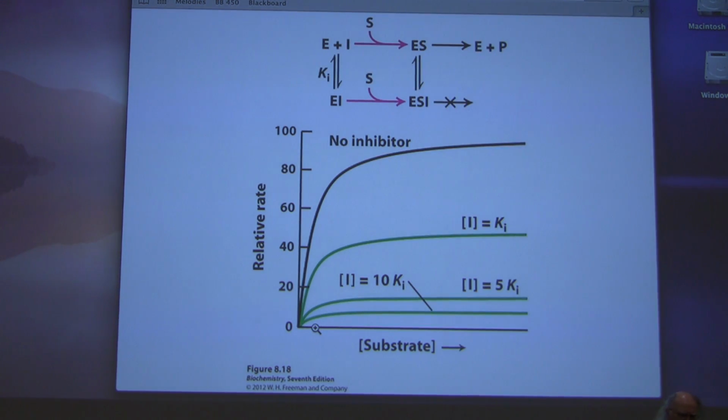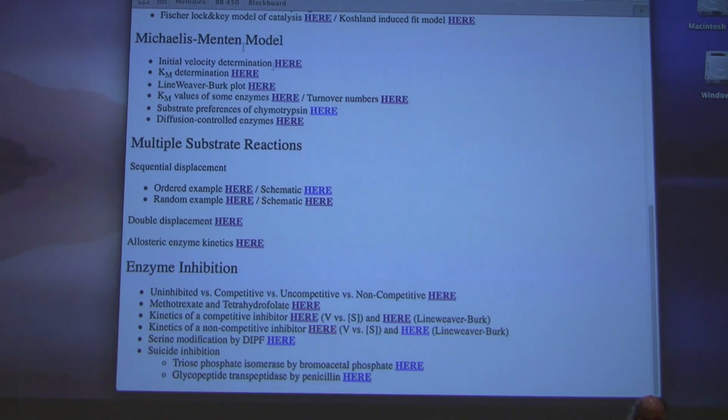When I talked about non-competitive last time, one of the things about non-competitive inhibition that, as I said, you may find is not intuitive to you, is that the Km for non-competitive inhibition remains the same. It remains unchanged. The Vmax, however, decreases.